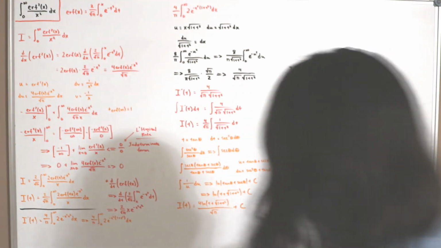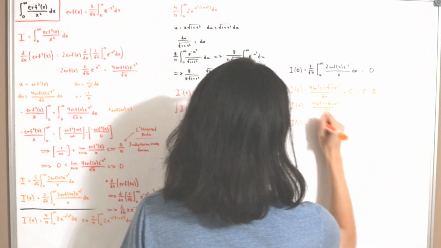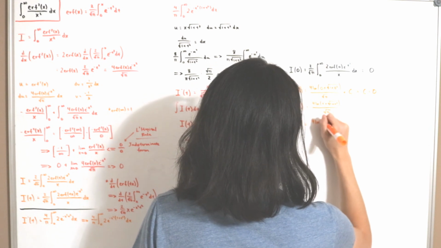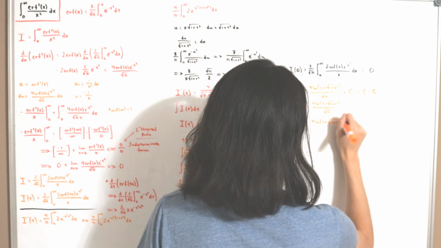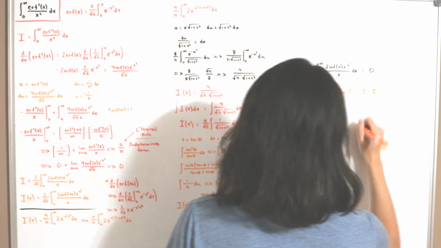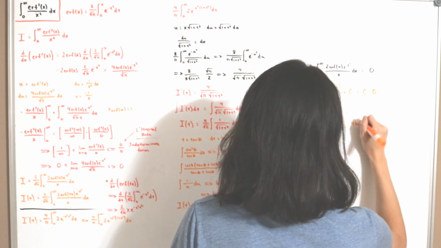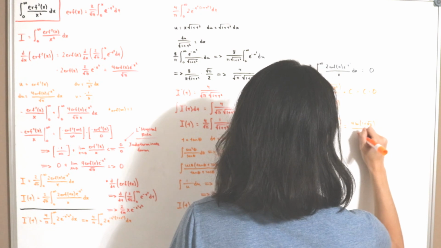So this is what we wanted to show. If I plug in I of 1, then we get 4 ln of 1 plus the square root of 1 plus 1 squared, divided by the square root of pi, which is just equal to 4 times the natural log of 1 plus the square root of 2, divided by the square root of pi.